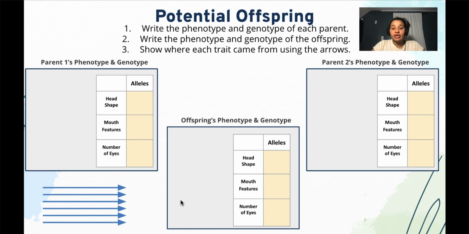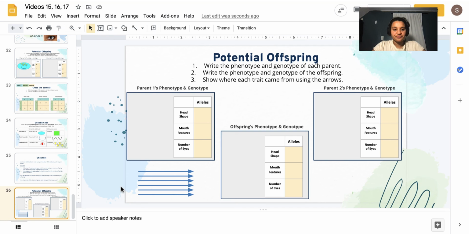Then finally, you're going to copy and paste your offspring's phenotype and genotype in the box here. I know we created 2 offspring, but you're just going to pick whichever one you like best and copy and paste it here. Then you're going to use these arrows to show where each of the traits came from. Do not worry, I'm going to show you how to do this.